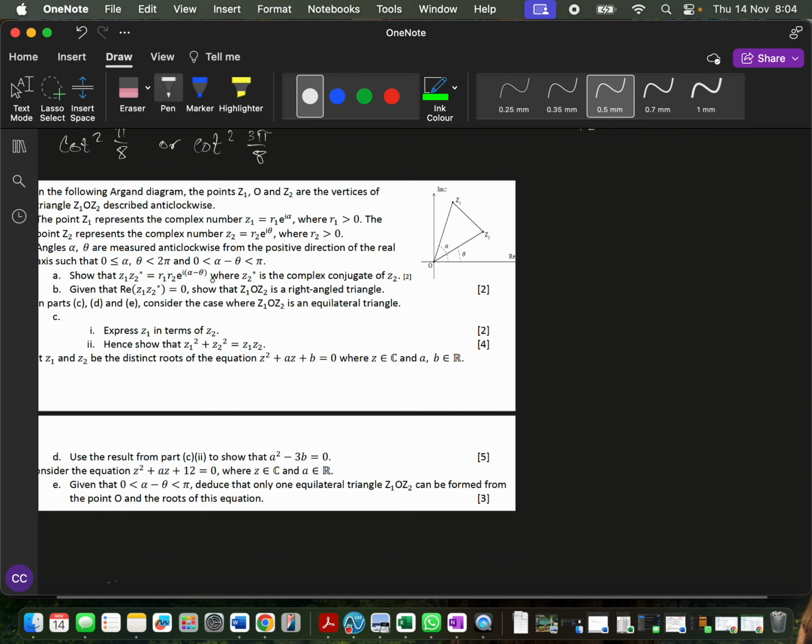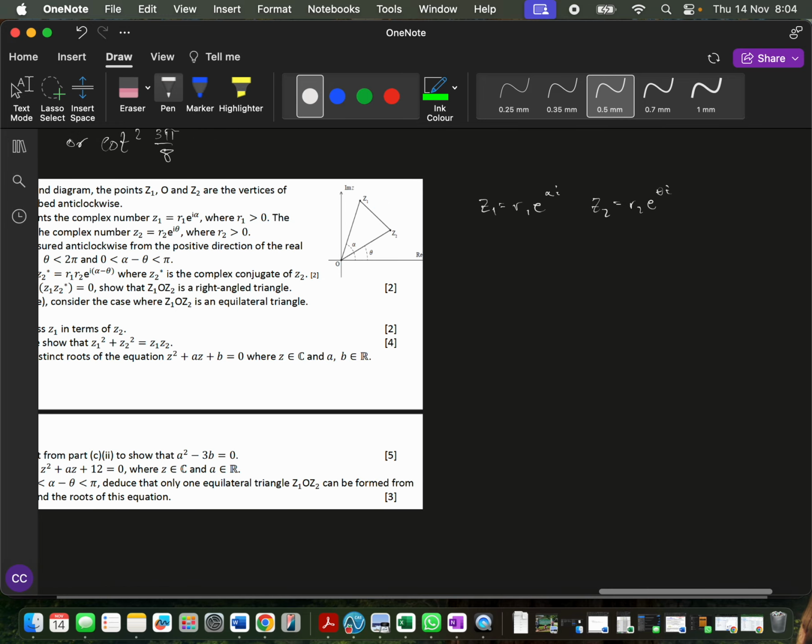So let's just see what happens when we do that. Well, z1 is defined as r1e^(alpha i). z2 is r2e^(theta i). So the conjugate of z2 is going to be r2e^(negative theta i).